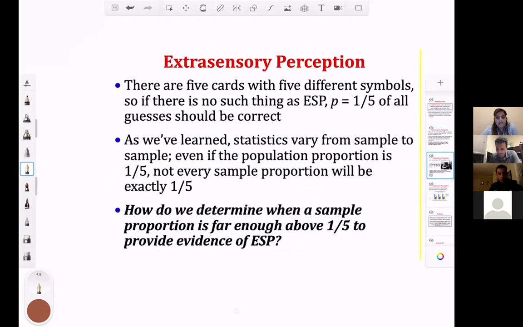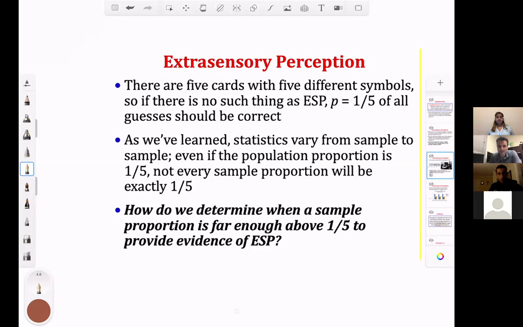Now we have 5 cards with 5 different symbols. If there is no such thing as ESP, as Steve believes, then the probability of each card is 1/5, correct? As we have learned, statistics vary from sample to sample.